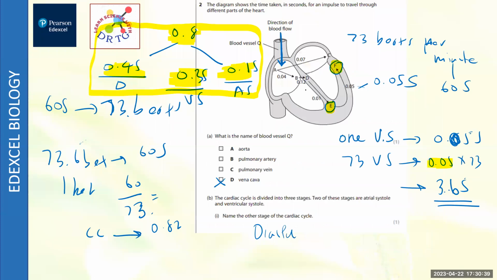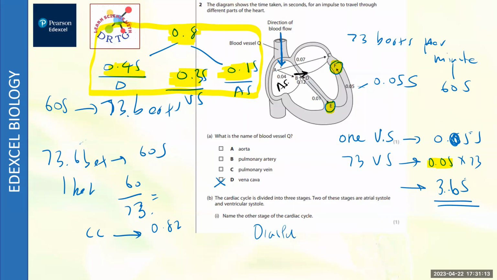Okay, why should this speed be slower? First, the atrium contracts. After the atrium contracts, then the signal goes to the ventricles. So it needs time to completely empty the atrium into the ventricles. Then only the ventricle contracts, right? So the answer is it needs time to empty the blood into the ventricles.